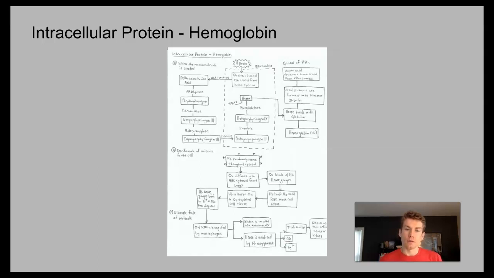After a hemoglobin molecule loses O2, it's usually rebonded with hydrogen ions or CO2, and then it will transport those molecules back to the lungs to be expelled from the body.